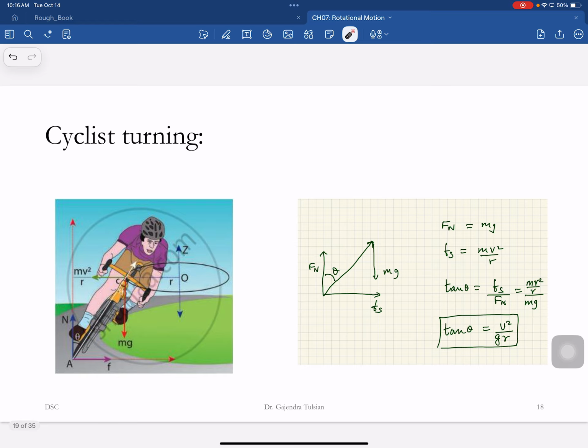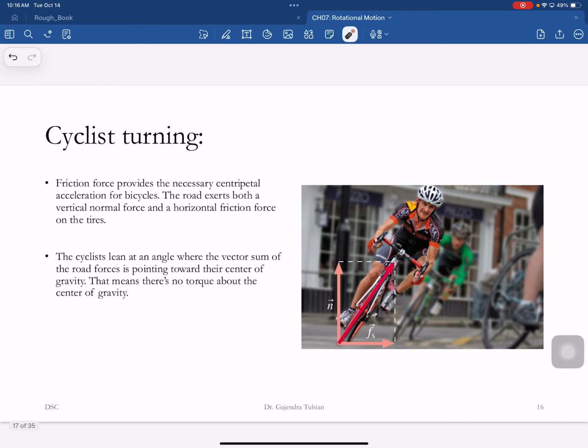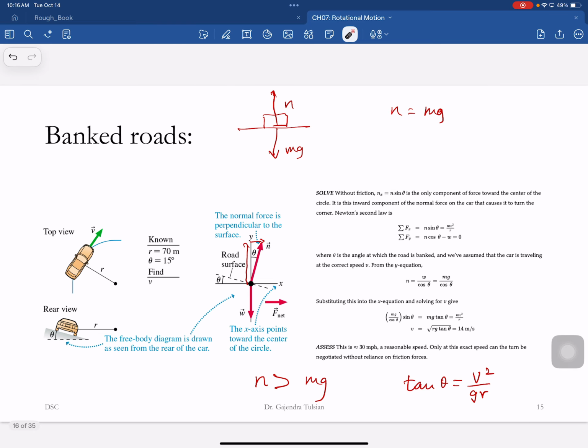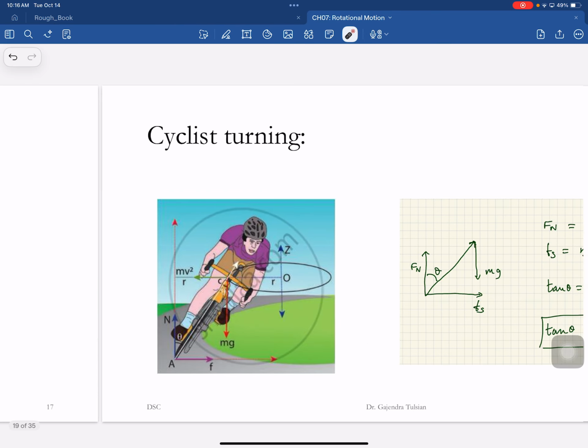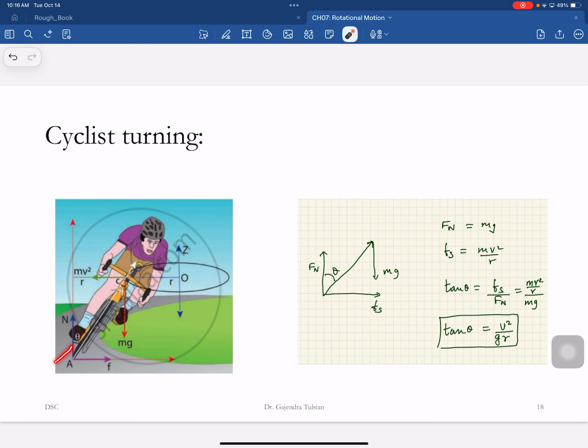Now I'll give you an expression, and that'll show you this. Here's a cyclist going around the circle. There's the lean angle, theta. In a second, you'll see that this formula is identical to the earlier formula. You'll get the same relationship: tan theta is v squared by g r, except that here theta is this angle.